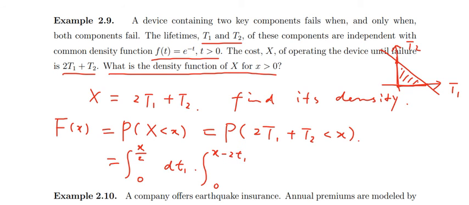So dt2. The density function of t1 is e to the negative t1, and for t2 it is e to the negative t2, right? So we need to find this integration. Then regard this as a function of x. Then using the derivative, we can find the density function.